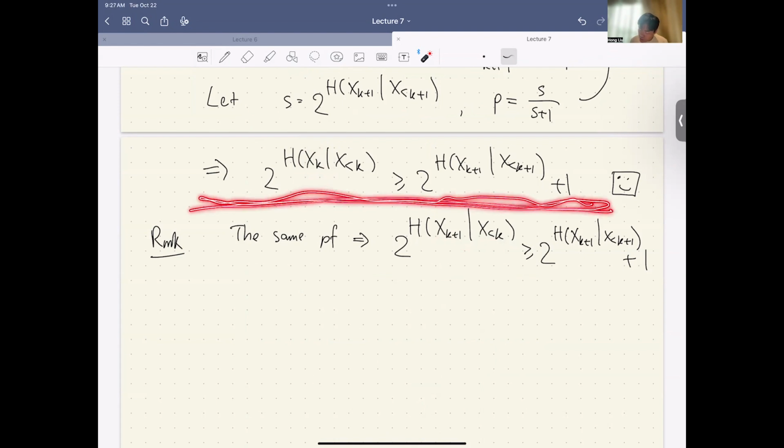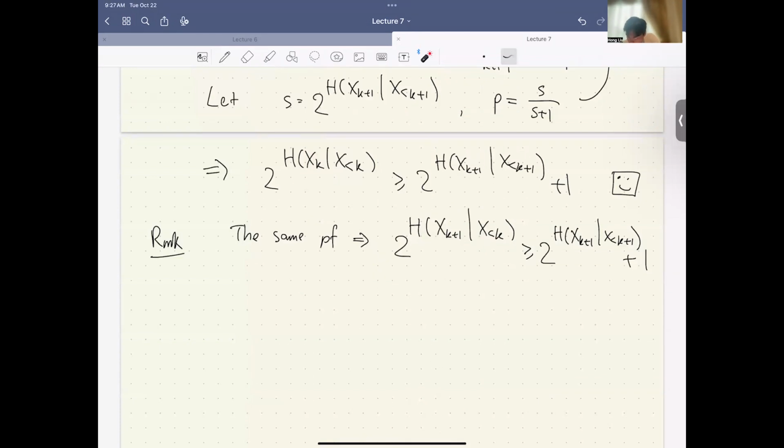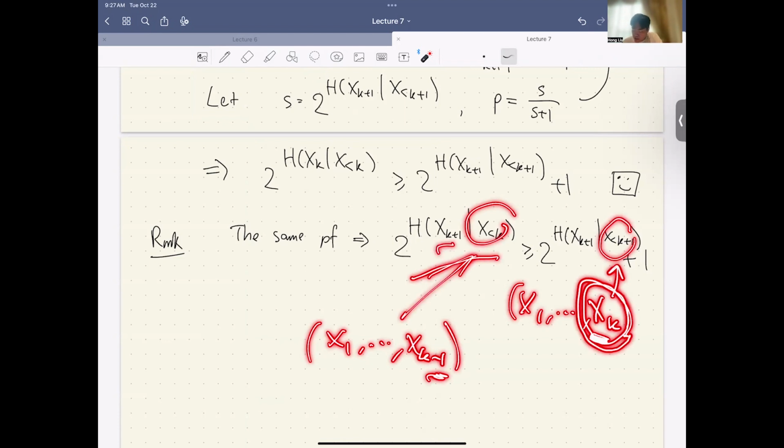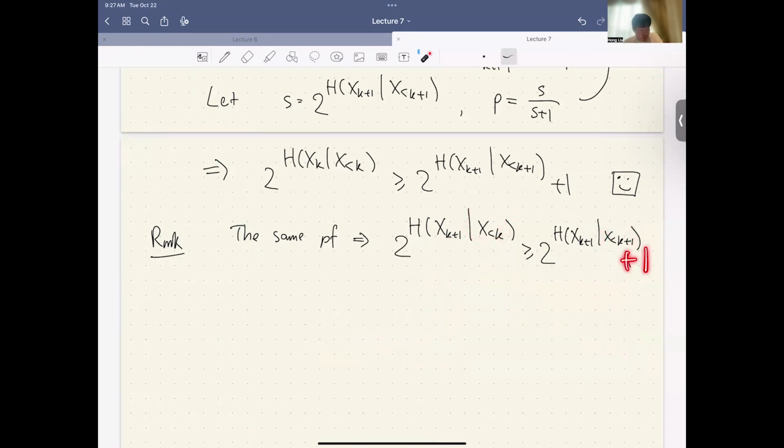And the intuitive explanation of this inequality is that here we are revealing x1 to xk, and here we are revealing x1 to xk minus 1. So if you reveal one less element, which is this xk on the left, then possibly we have one more choice for xk plus 1 in the range. That's the explanation for the plus 1.